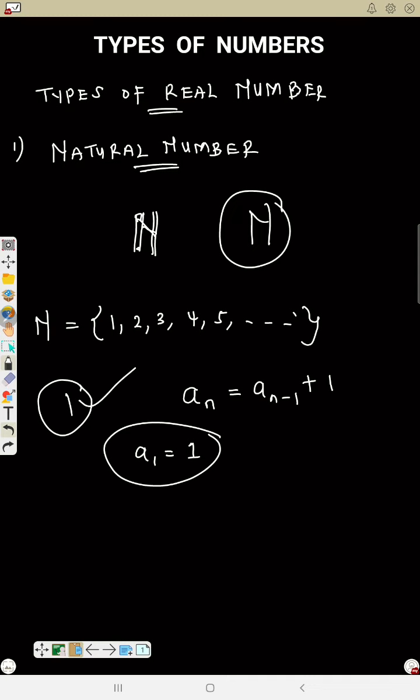So a_1 is the lowest natural number, which is 1. This is the format, or the recurrence relation, of representing natural numbers.